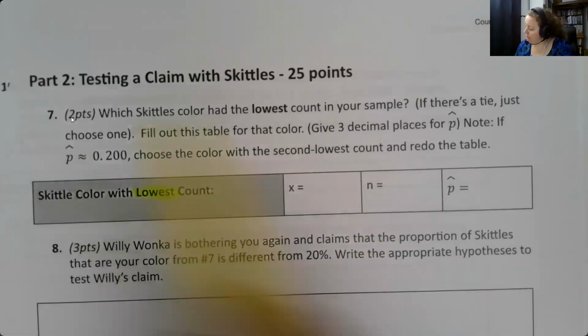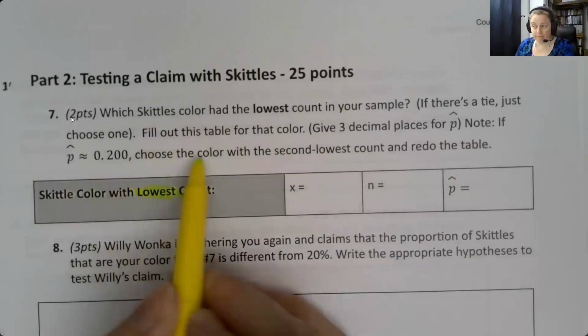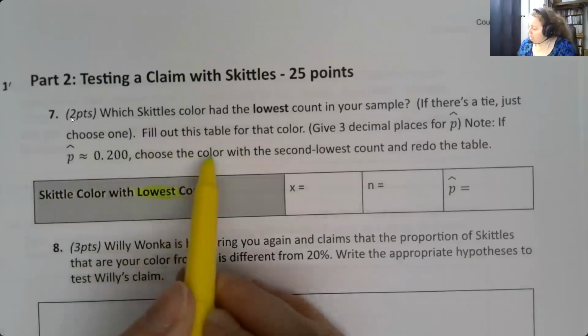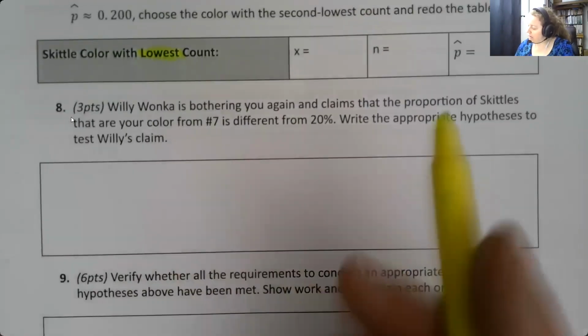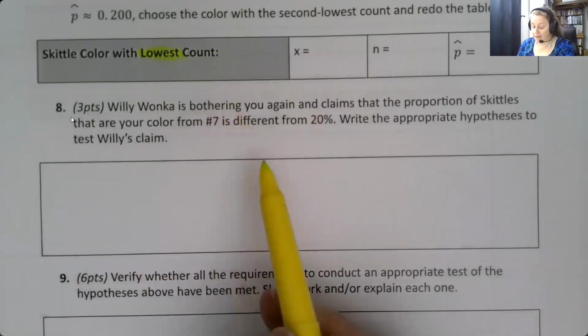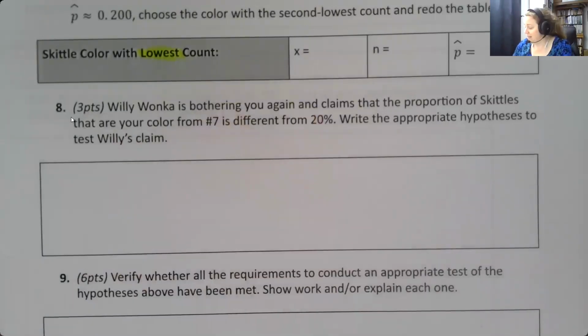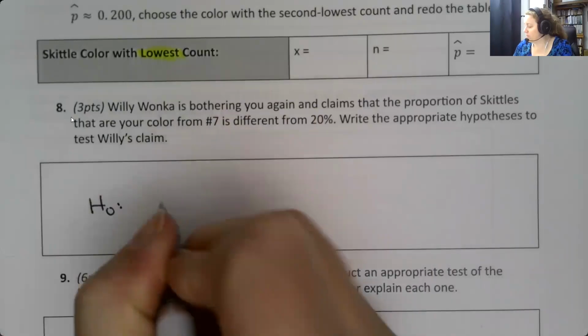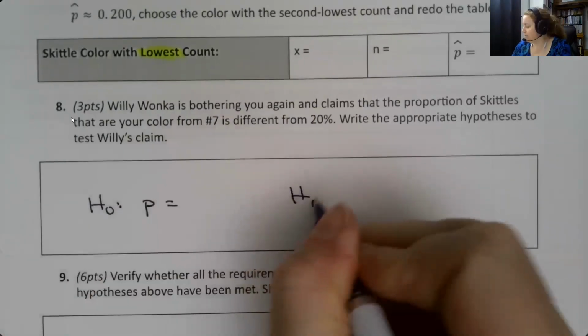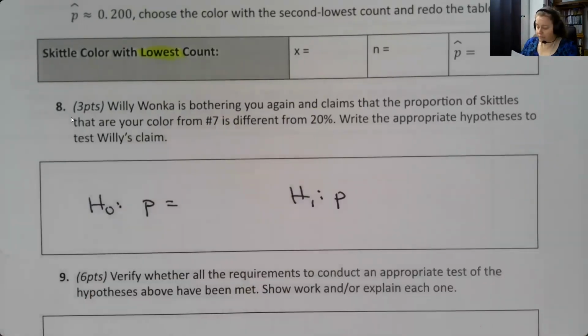If you're close to 0.2, choose a different color, right? Choose the second one. This will tell you right in here is your hypotheses. It's proportions again, I can tell you that. Like I said, they're almost identical problems, right? So you figure out your hypotheses from there, you verify requirements.